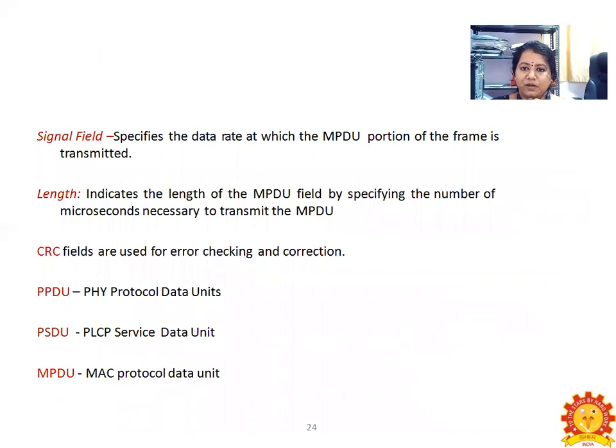The signal field specifies the data rate at which the MPDU portion of a frame is transmitted. The length will indicate the length of the MPDU field by specifying the number of microseconds necessary to transmit the MPDU. The CRC field is used for error checking and correction.